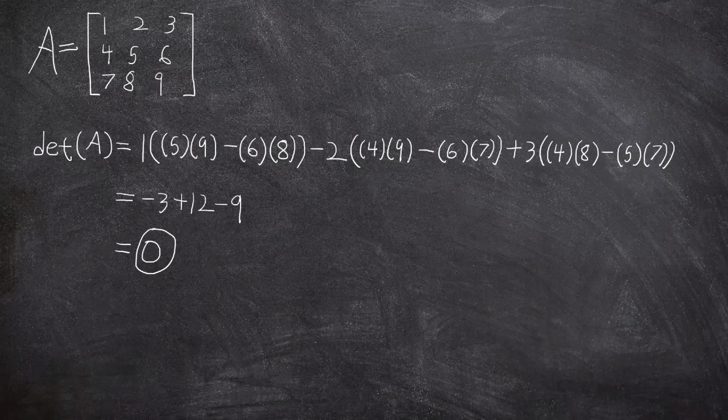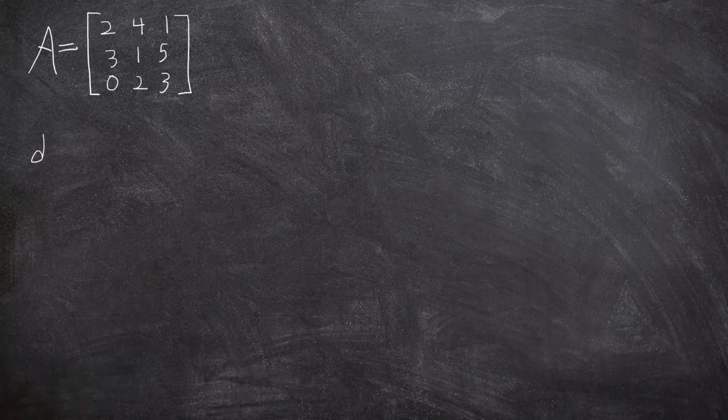So if you were able to solve this, great job. If not, that's okay. We got one more. Let's work through this last matrix. So we want to find the determinant of it. As always, we focus on 2 first. Cross out the terms. We know we'll be working with 1, 5, 2, and 3.